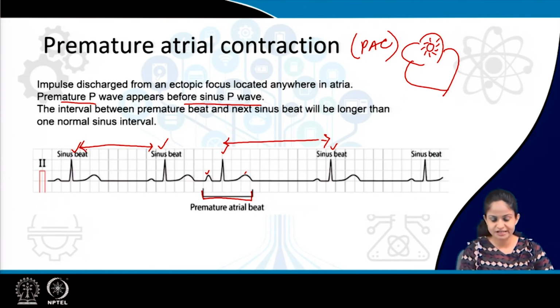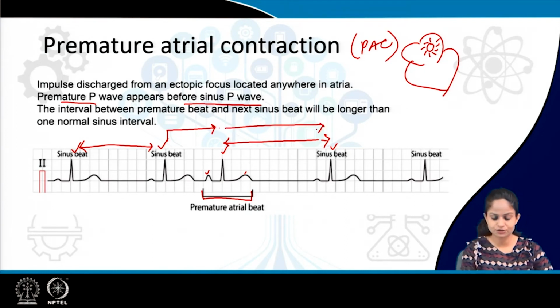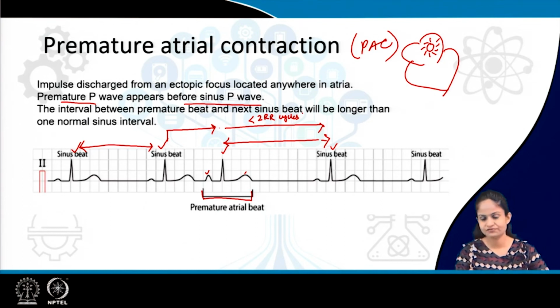And to be very specific, the duration before this beat, that is the duration from the previous sinus beat to the next sinus beat, is usually less than 2 RR. RR is the normal sinus cycle. These are the few differences we see in premature ventricular contraction also.